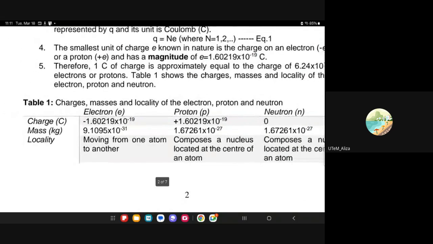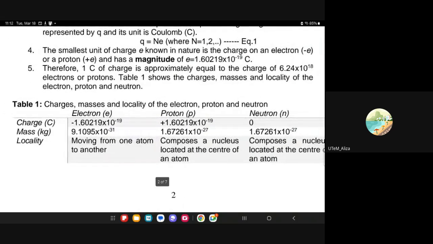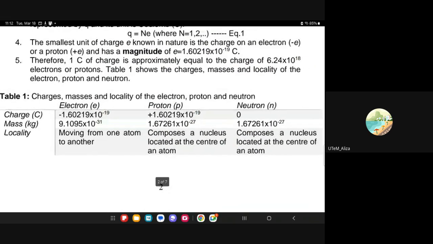Here, just observe that there are 3 kinds of components that exist in an atom. Okay, so there are 3 items, and those are electron, proton, and neutron.